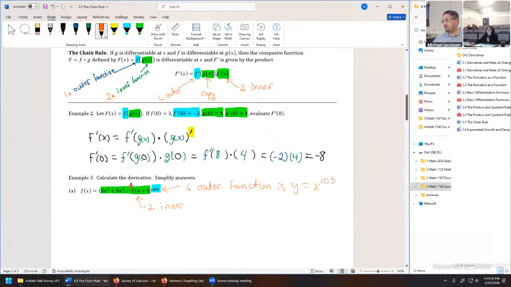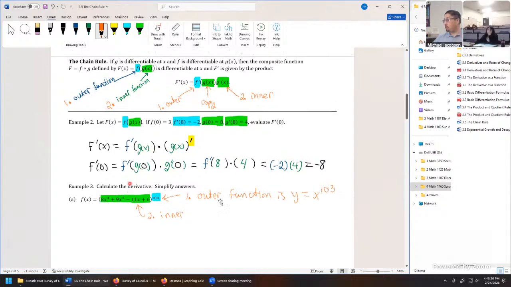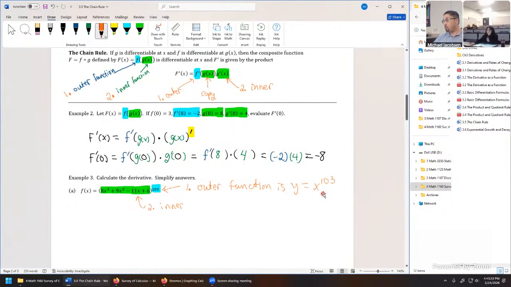What's inside is that entire thing. So we're going to put a placeholder where this x is right here when we go to differentiate. So all this is really just setup, bookkeeping or careful analysis before we get started. If we're going to use this formula, we need to know which one is f, which one is g to put it all together. And here's what the chain rule finally looks like.